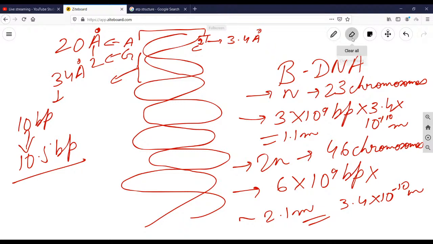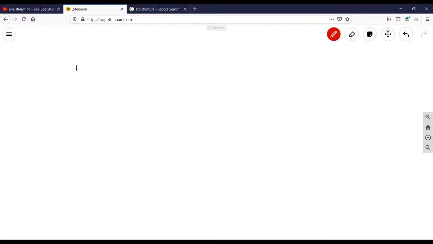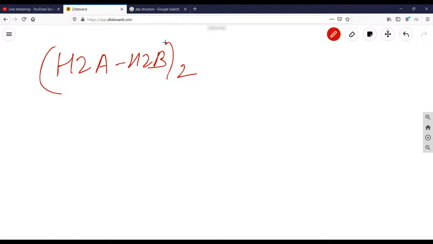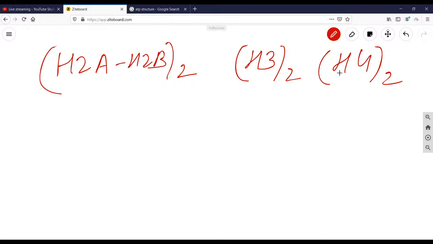the histone proteins form an octamer, meaning a series of 8. So H2A and H2B form a dimer, and the dimerization will be doubled, whereas H3 will form its own dimer, and H4 will form its independent dimer. So 2 into 2 is 4, plus 2 is 6, plus 2 is 8.